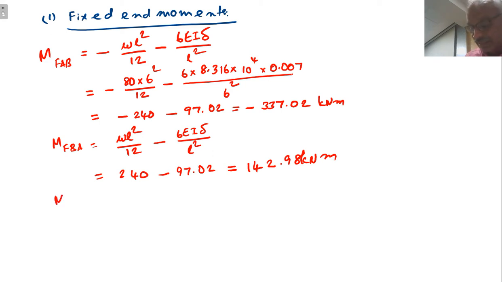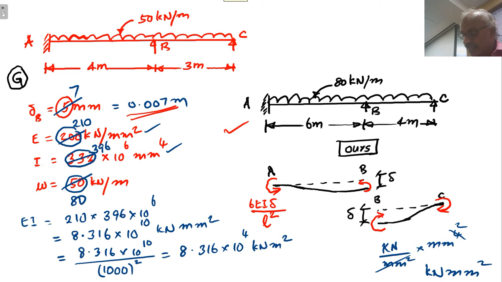M of BC for the second span, again that is also subject to UDL. Therefore, left support minus WL square by 12. Now here the left support settles down. As far as BC is concerned, UDL is the same, 80 kilonewton per meter, and length is 4 meters.